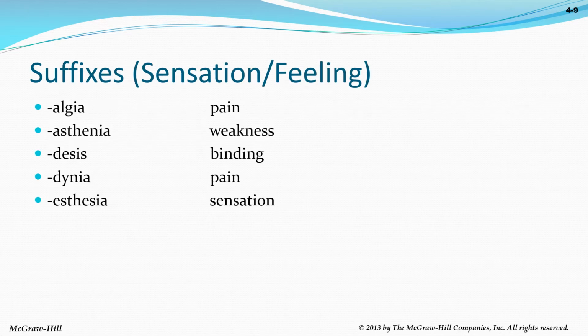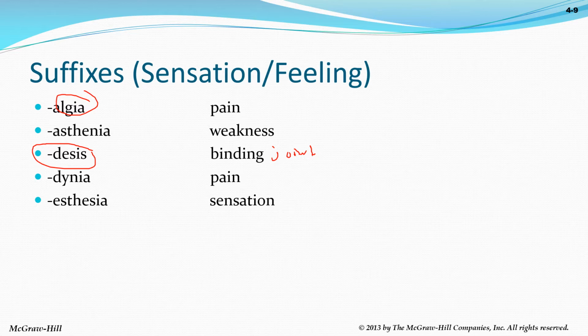All right, algia we had. Asthenia, weakness. Desis is like a joint. Sometimes you have to bind a joint together. That's called arthrodesis. Arthro is joint.